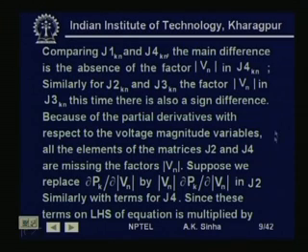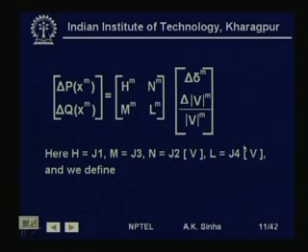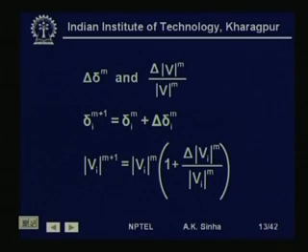I am sorry, there is a mistake here, this should be J3. So, if we have used this modification, that is, we have multiplied the J2 and J4 terms by the voltage magnitudes, this is a great advantage, because you do not need to compute a large number of elements of the Jacobian matrix. So, this speeds up the computation for the Newton-Raphson method considerably.